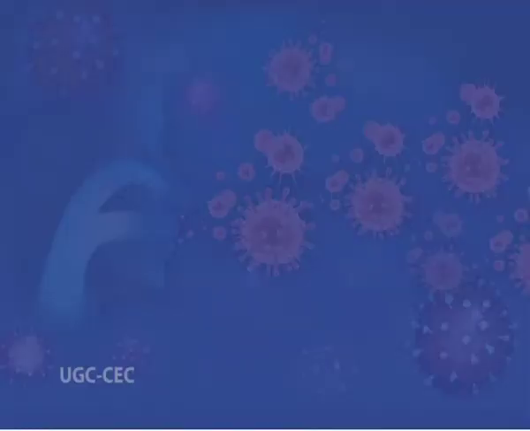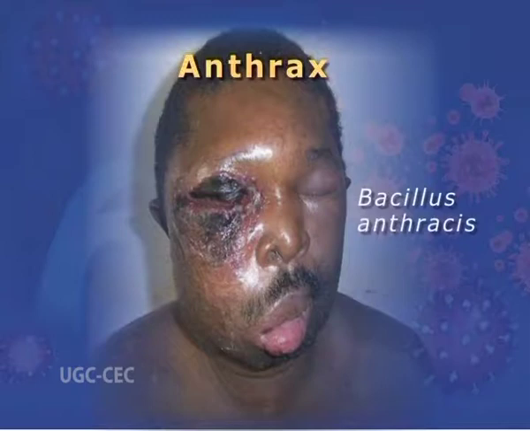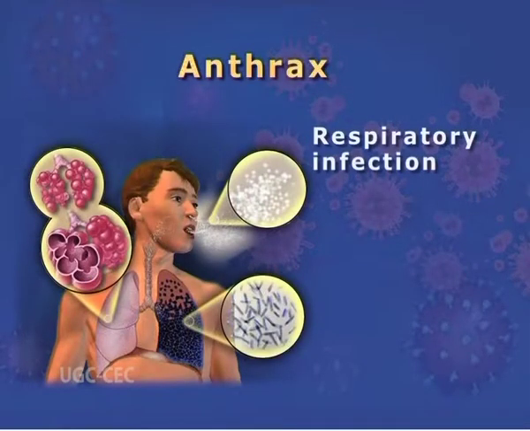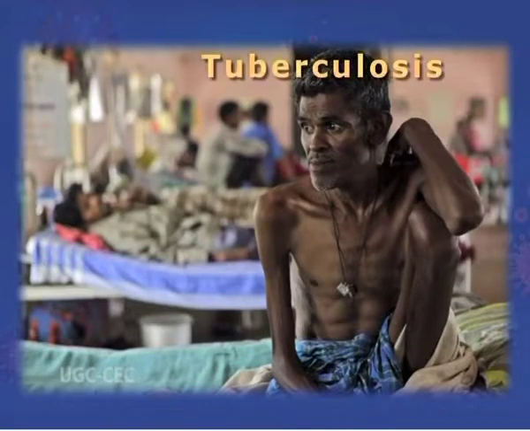Let us illustrate bacteria as the most common form of microbe. Diseases include anthrax. Causative agent Bacillus anthracis. Symptoms: respiratory infection with initial cold or flu-like symptoms followed by respiratory collapse. Tuberculosis.